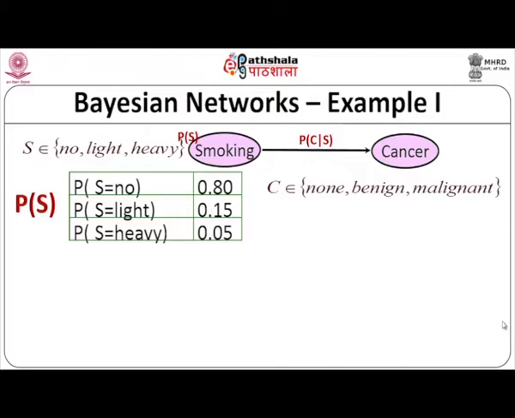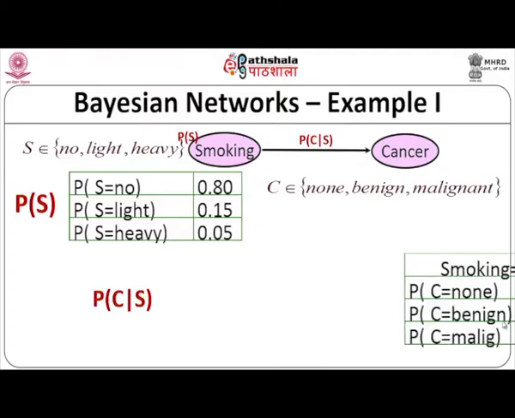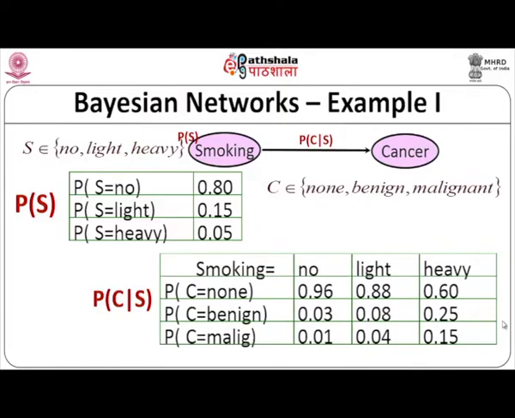Next we have to find the conditional probability of cancer given smoking. That is P of C given S, and smoking can be no, light, and heavy. The probability of C being none, no cancer, when smoking is no is 0.96, when smoking is light it is 0.88, and when heavy it is 0.60.